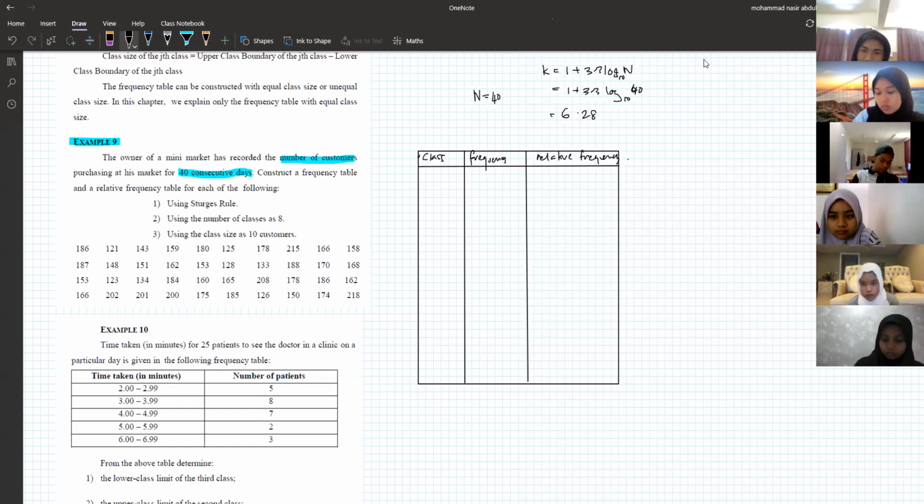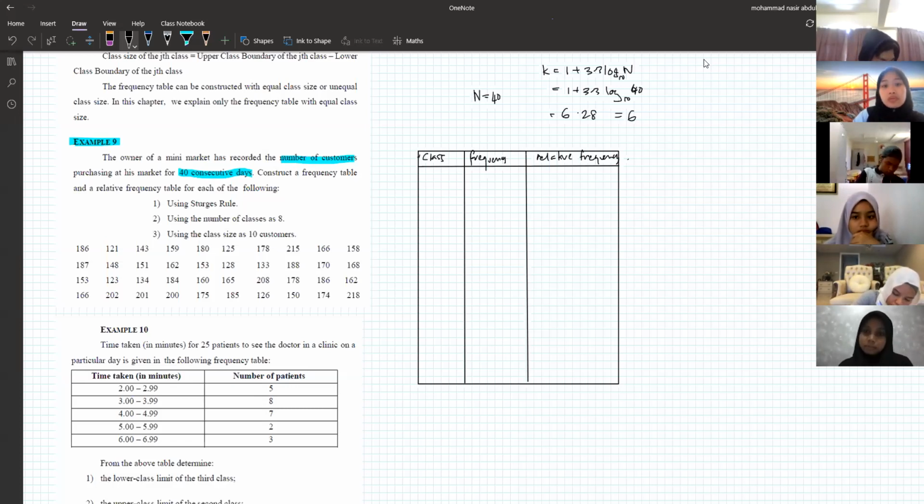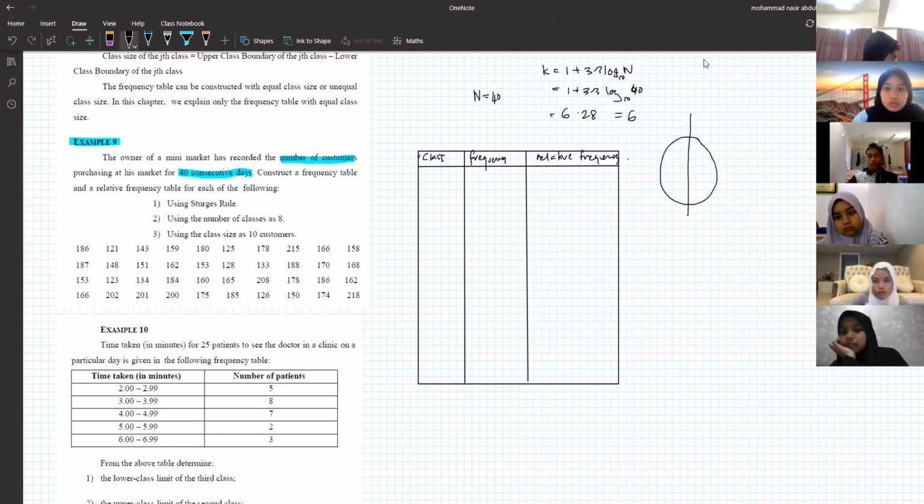So when you have 6.28, let's say we take 6 as our k, k equal to 6, right? So when you have 6, you need to draw 7 classes. You need to understand, if we have one watermelon and we cut it once, we're going to get 2 classes, two parts. So k is the number of cuts. From 40 data, we want to cut into 6 parts.